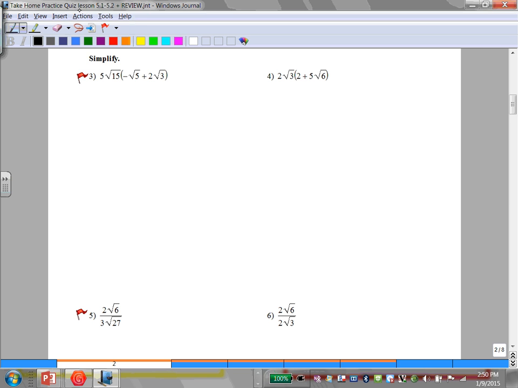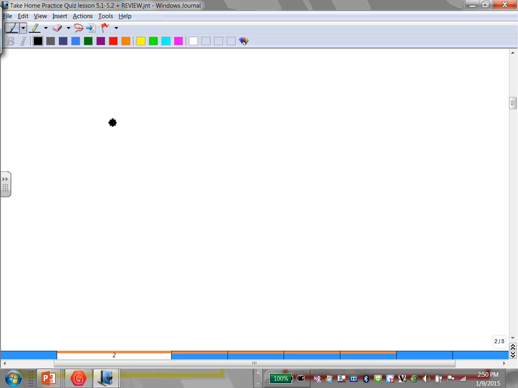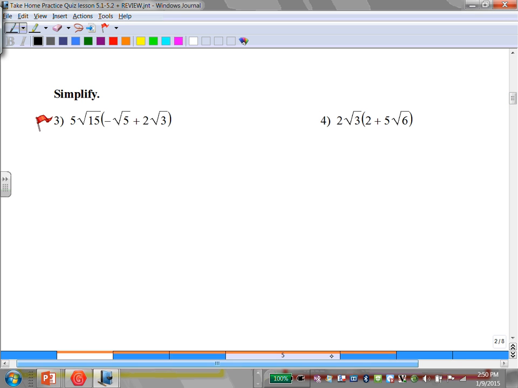Okay, so taking a look at number 3, we have a distributive with radicals. The first and most important thing here is for you to actually draw the distributive lines. So put a line here, go this way, line back here, and we're distributing to both. Now you write out your distribution.